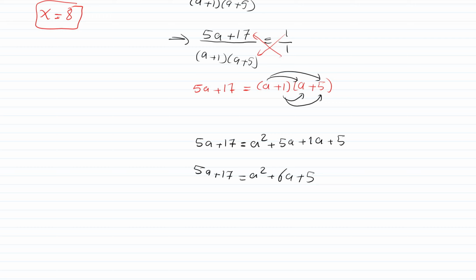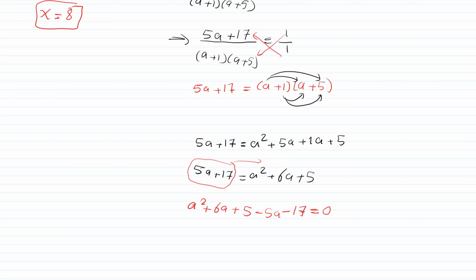Okay, right now students, in order to solve this quadratic, because we have a power of 2 right now, we need to move everything to one side. So it's better to move 5a and 17 to the other side. So on this side we get 0, so we can write a squared plus 6a plus 5 minus 5a, because I moved 5a to the other side, minus 17, all equals 0, because we moved everything to one side.